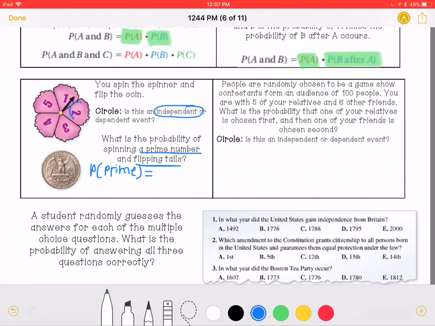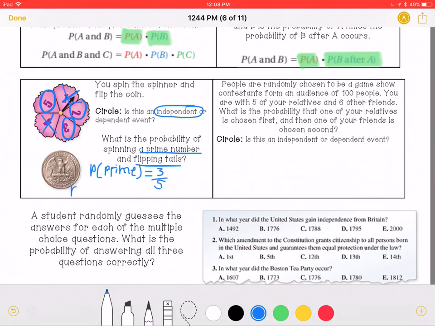So like 2, there's no other factors besides 2 and 1, so that's prime. 3, the only factors are 3 and 1, so it's prime. And 5, the only factors of 5 are 5 and 1. Whereas 4 is not prime because it has 4 and 1, but it also has 2 and 2, okay? And then 1 isn't prime or anything, we don't count that. So probability of spinning a prime number, there's 3 out of the possible 5.